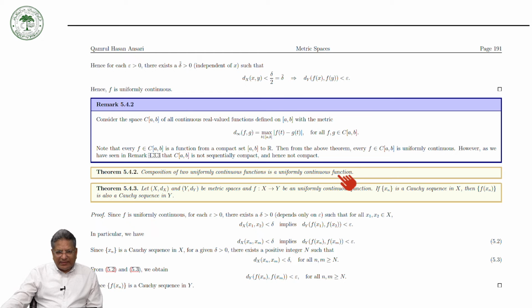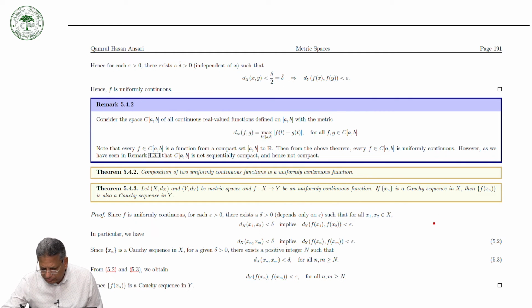Now, as I mentioned in the theorem, the continuity of a function is equivalent to saying that if x_n converges to x, then f of x_n converges to f of x. So this we have seen.